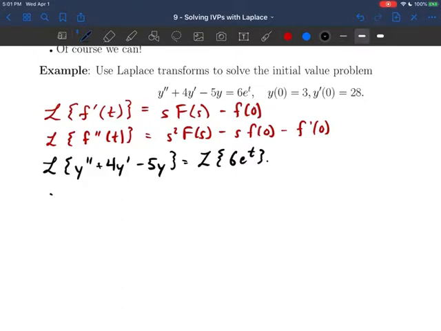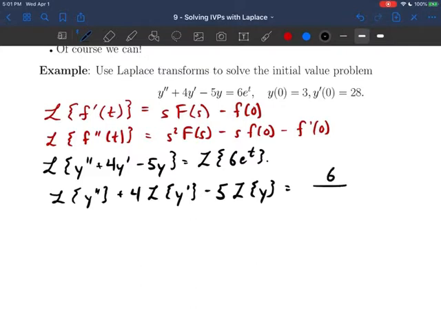Thanks to the linearity of this equation and the linearity of the Laplace operator, we can break up the left-hand side to get the Laplace transform of y double prime plus 4 times the Laplace transform of y prime minus 5 times the Laplace transform of y. And that will be equal to the Laplace transform of 6e to the t, which we should know by now is 6 over s minus 1.